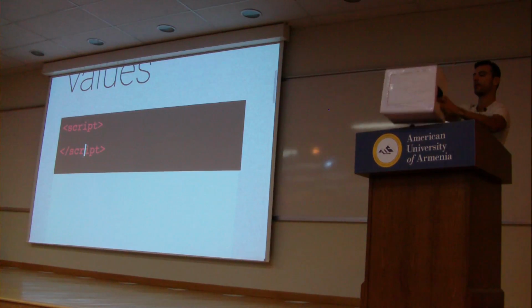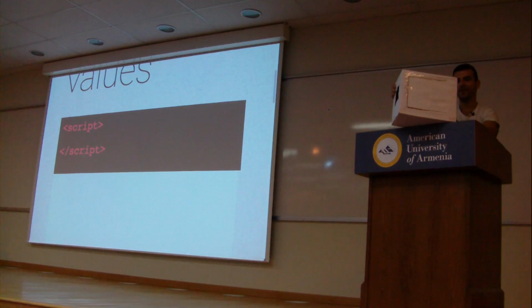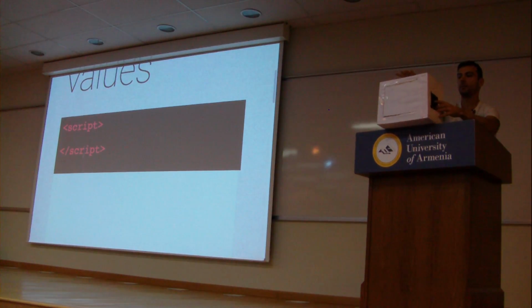Okay, look. So this is a box. It has holes on both sides, as was noted by the gentleman in the back. The idea is that I can put things into the box, and I can get things out of the box. Okay? So I put things in through here, and I can get things out through here.